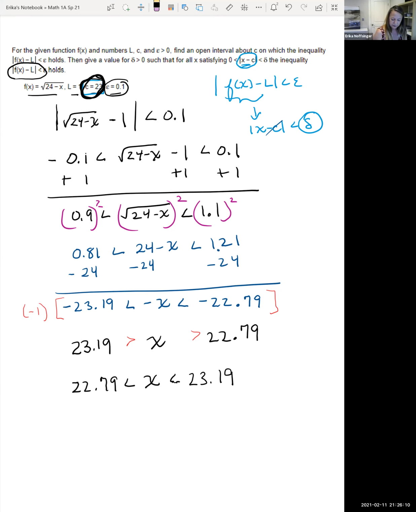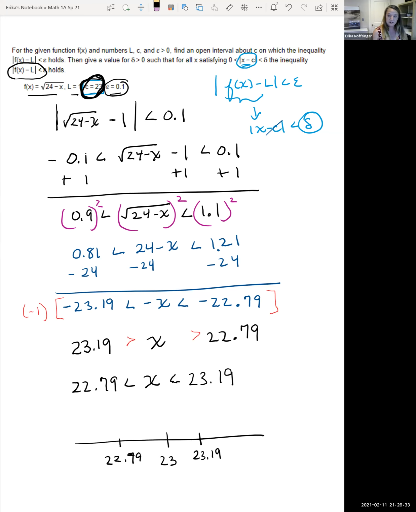And so if we were looking at this and we had some value here of 23 on the x-axis, and over here we have, and I'm going to enlarge it, let's say 23.19. And we had this 22.79. We're trying to figure out what that distance is.